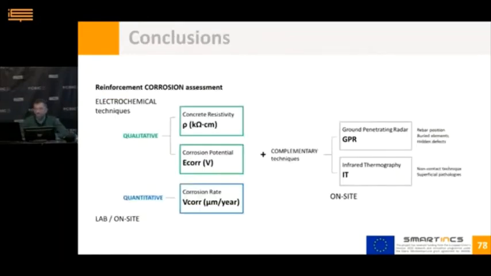So in conclusion, the range of non-destructive inspection techniques is wide and varied. Among the electrochemical ones, to evaluate corrosion, some stand out for their speed, others for their quantification capacity, and as we have seen, they are rarely applied individually, but are usually combined and can be complemented by other interesting non-destructive techniques, such as the ground-penetrating radar and thermography.